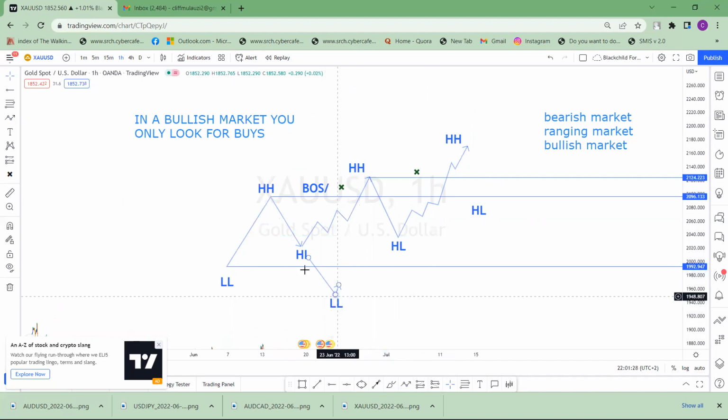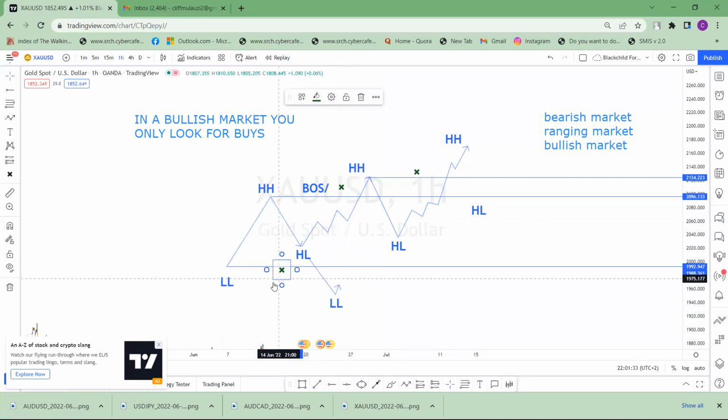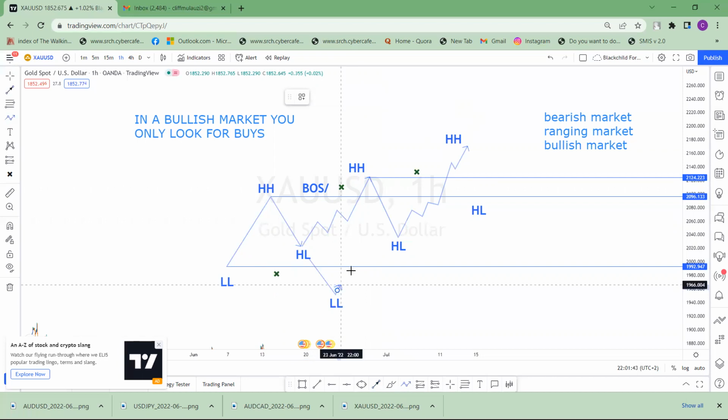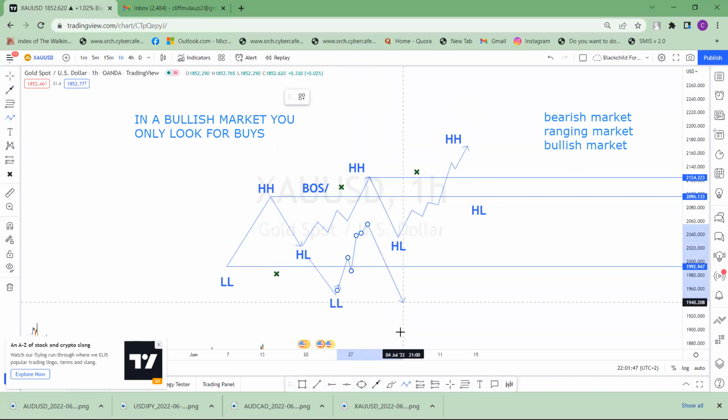As soon as it has broken your structure, just know that this market will have to come back and create a lower low.